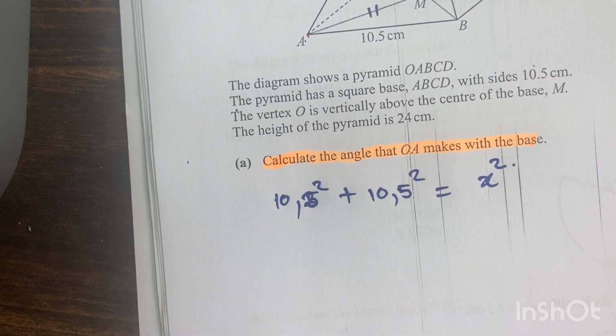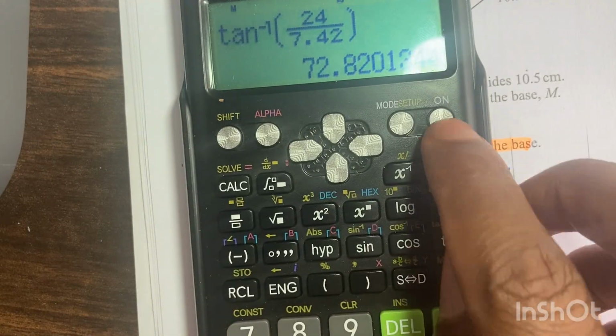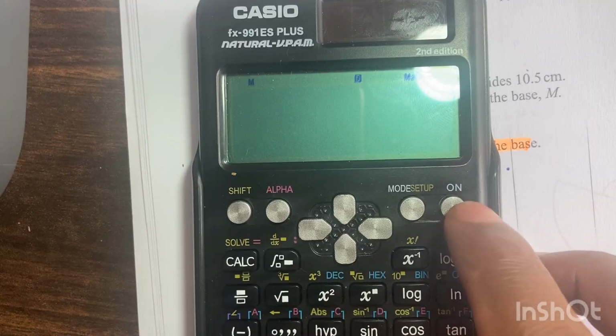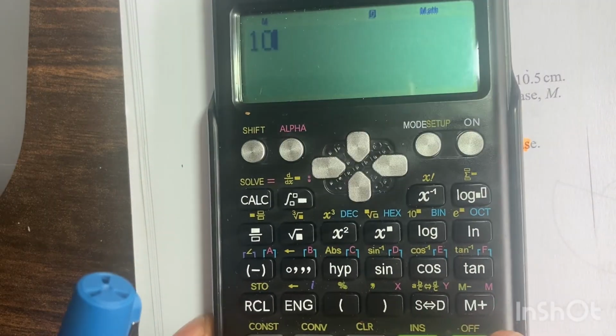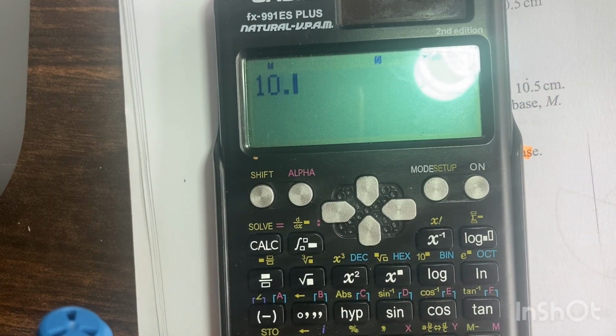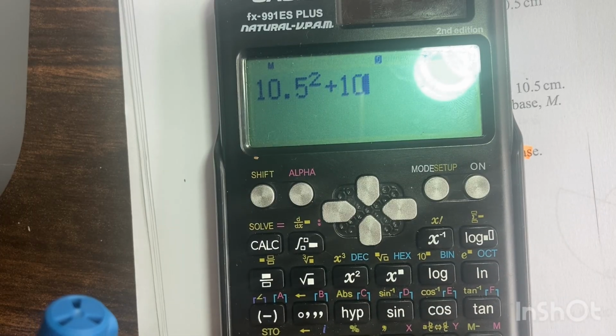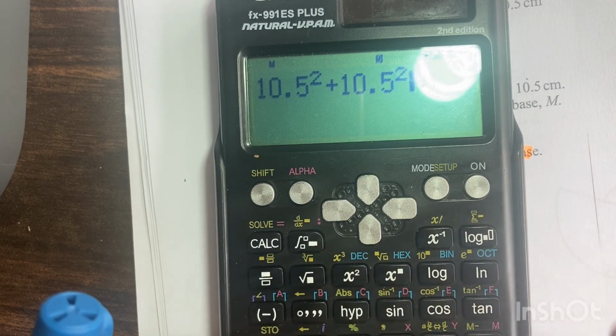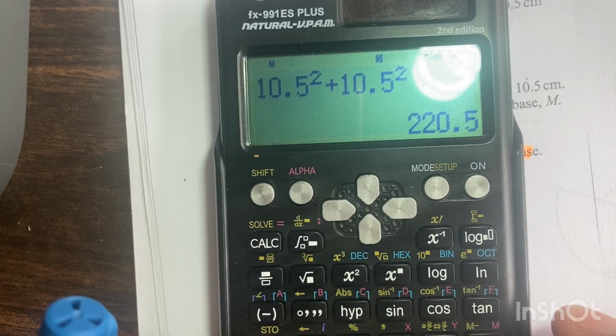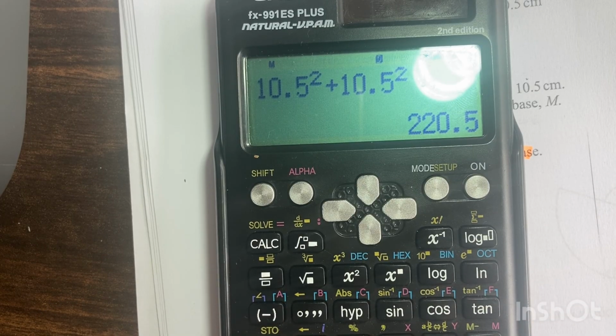So then using a calculator, 10,5 squared plus 10,5 squared, it gives me 220,5.